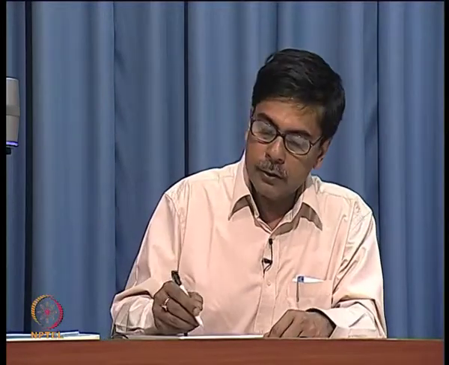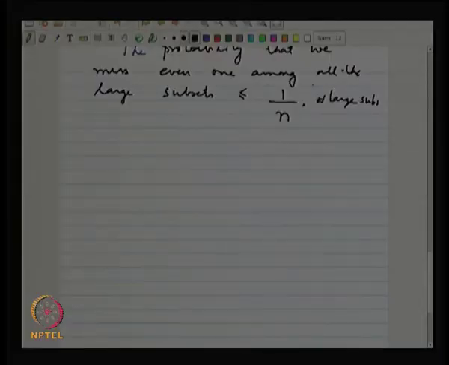So, this quantity I want to ensure is less than 1. If I can ensure that this is less than 1, it means that there is a positive probability that some sample will hit all the large subsets. Are you with me? Right.